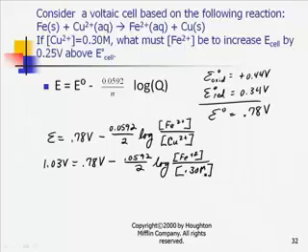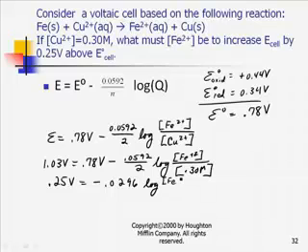Okay, so let's see. 1.03 minus 0.78, so that's going to be 0.25 equals minus 0.0592 divided by 2, 0.0296, times the log.